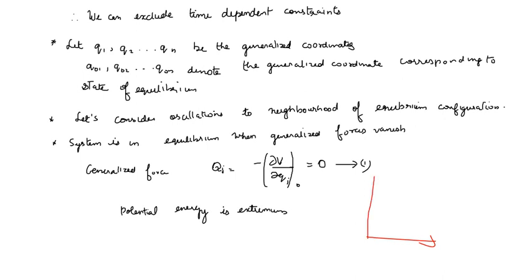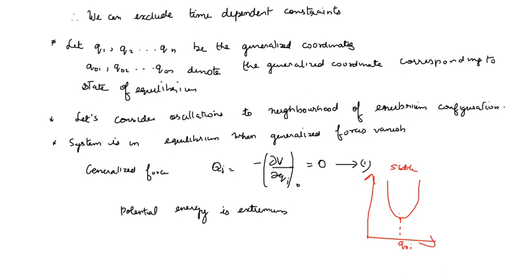For stable equilibrium, at the equilibrium point, that is at q0i, the energy of the system is minimum. Extremum means here minimum. This is stable equilibrium. When it is disturbed from the equilibrium, it executes small oscillations.